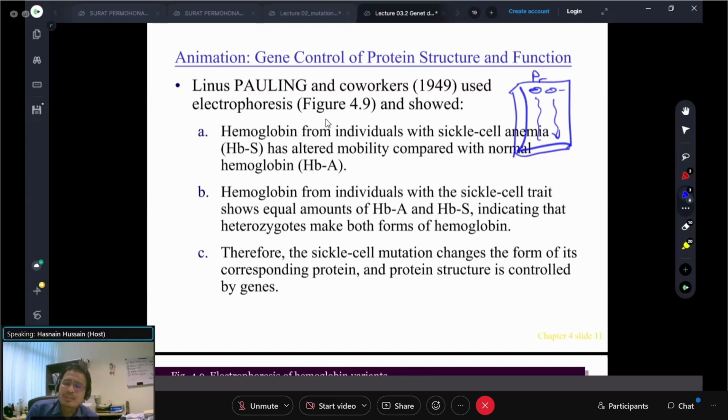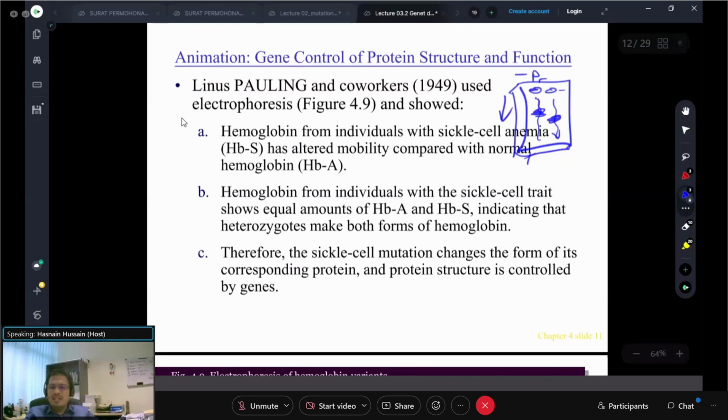When you take the protein from a normal individual and the protein from a sickle cell individual, put them on the electrophoresis, give an electrical charge and let it run downwards, you can see the way it runs, and when you visualize it, they are slightly different.